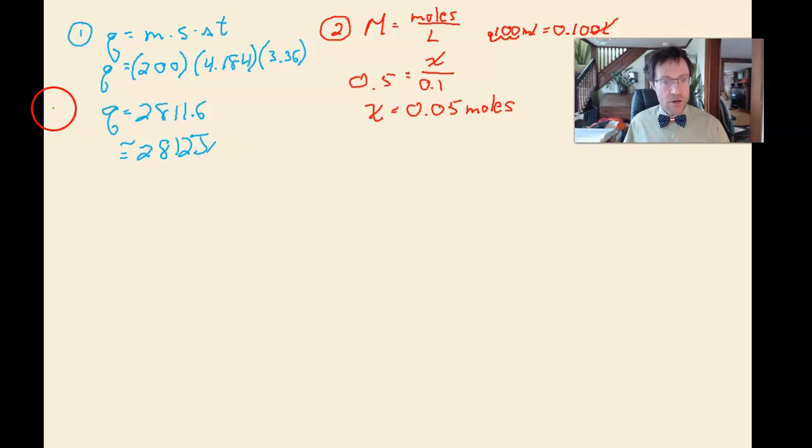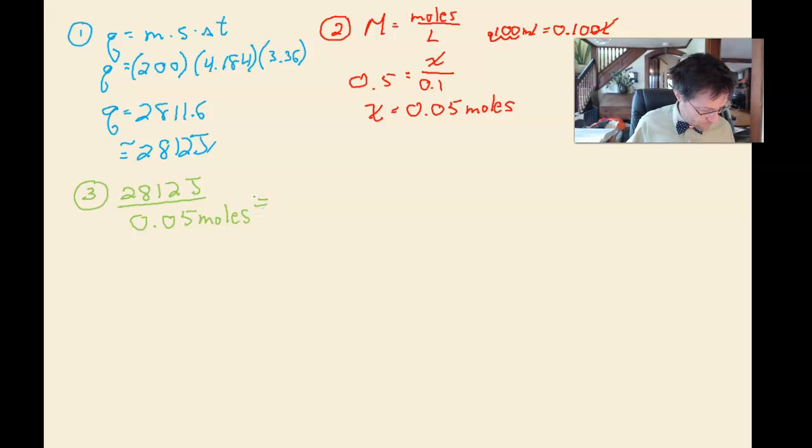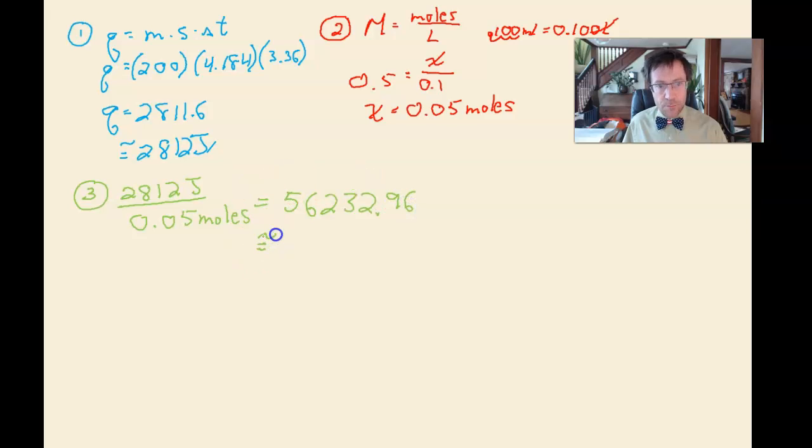Now, number 3. Where'd you go? There you go, buddy. And now I just have to do joules per mole. So it's going to be 2812 joules divided by 0.05 moles. This is going to give approximately 56,2 something, 56,296.